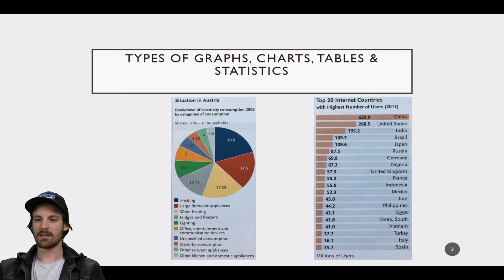As you can see here, China is on the very top, followed by the United States. Then India, Brazil, Japan, Russia, Germany, Nigeria, and Spain and Italy are the last places, 19 and 20.